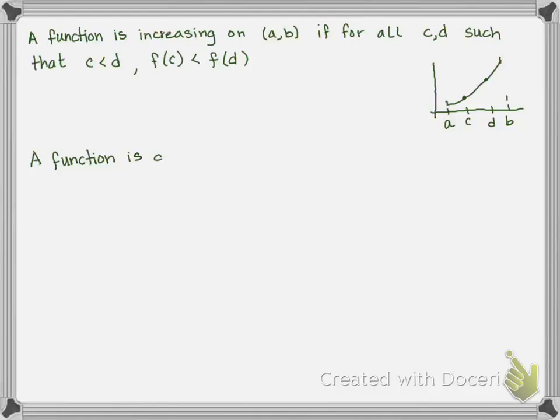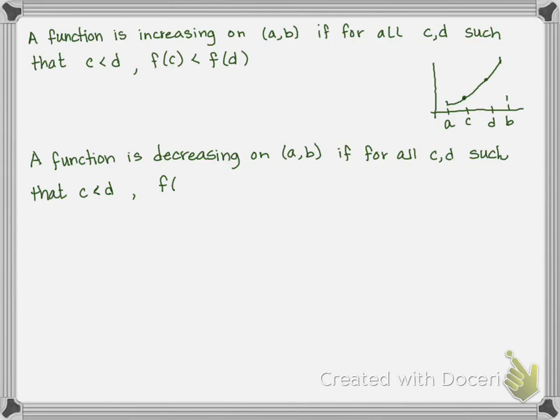is decreasing everywhere between A and B if, for any 2 points that we pick, the y value for the one on the left is bigger than the y value for the one on the right.